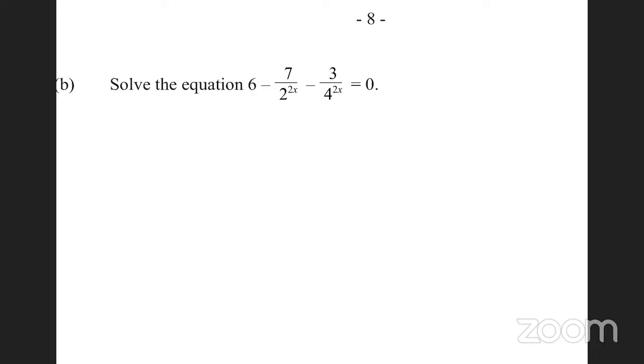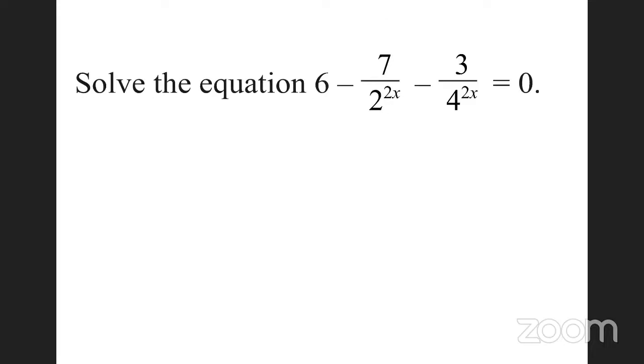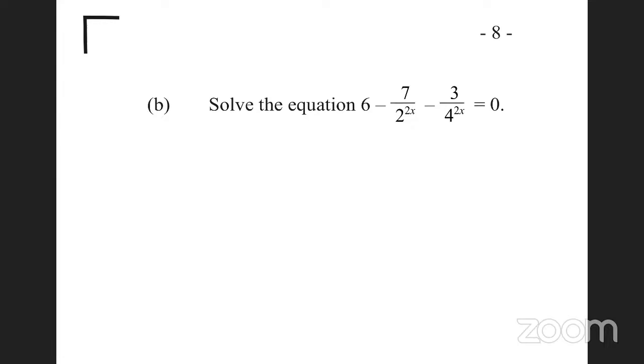Some kind of quadratic, right? Some kind of disguised quadratic. So we had to find a way to make it look nice. Do your thing. Let me see what you get. Figure out a substitution. The hint is kind of there already. Let y equal to something.